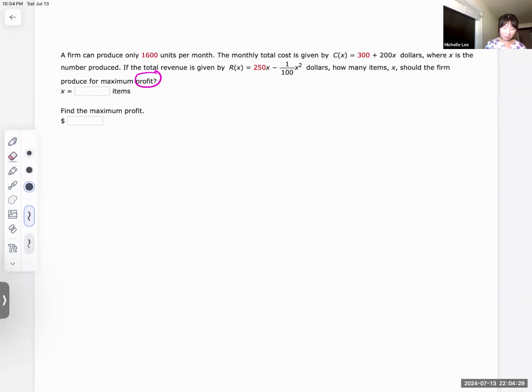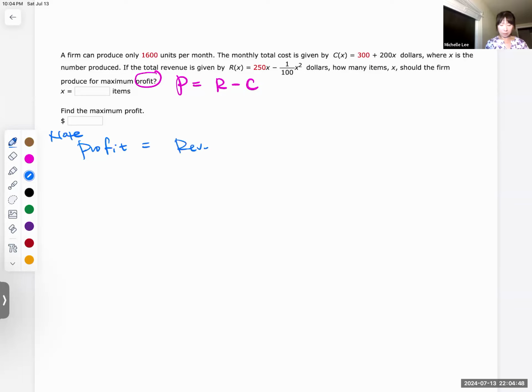So let me denote this way. P equal to R minus C, right? So revenue minus cost function. So profit function equals revenue minus cost.